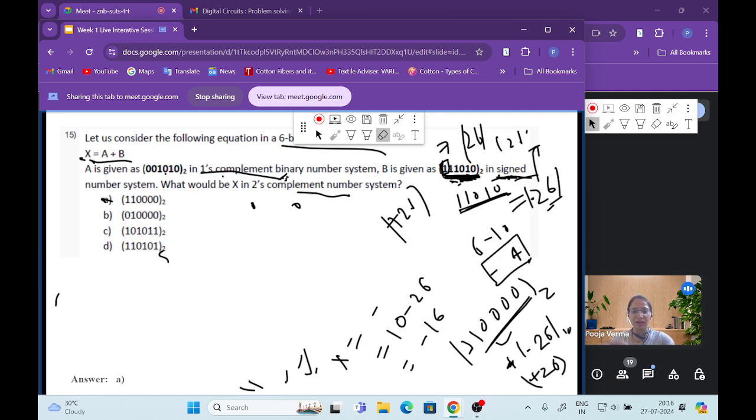I mean, you can say it is a shortcut, but you have to cross check it. 10 minus 26 is minus 16. What is the representation for minus 16? But you have to solve it in the way I already told you. Okay, ma'am, got it.